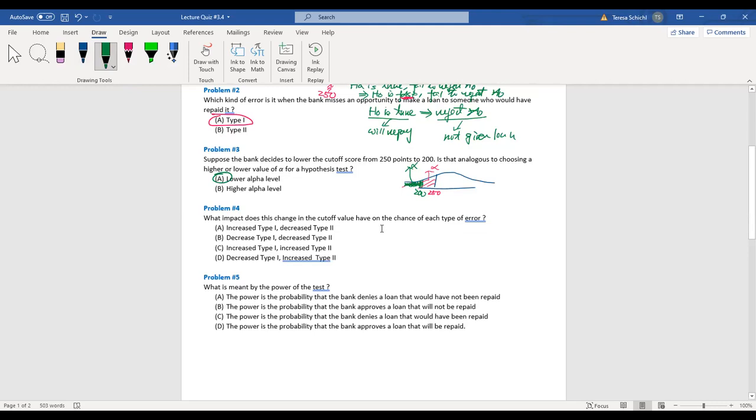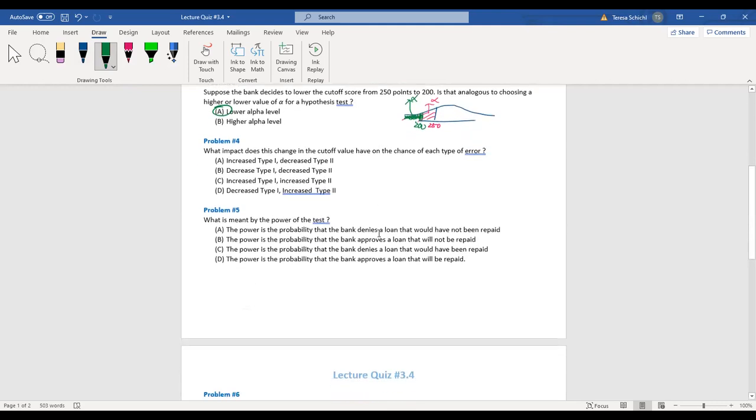And now let's see, problem number 4 is here. Number 4 asks what impact a change in the cutoff value will have on each type of error. So I know from problem number 3 that I lowered the alpha value. So the alpha value is getting smaller, going down.